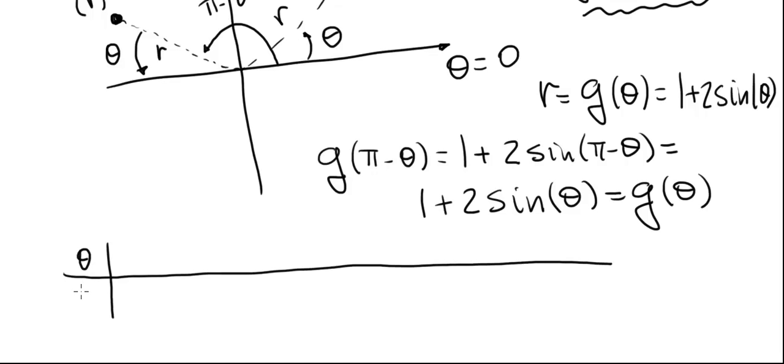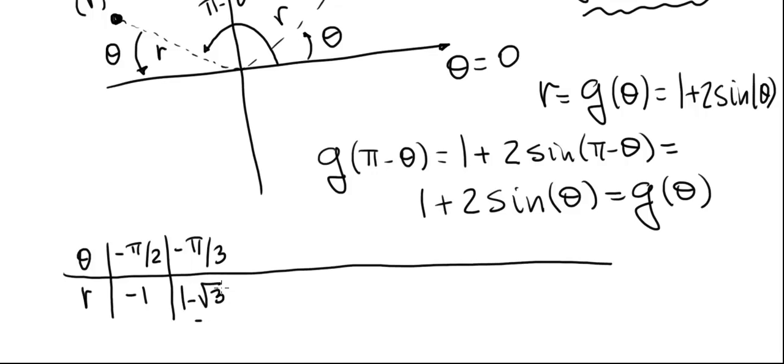So now let's plot some points. This is theta, this is r. We'll start in quadrant number 4 at theta equals minus pi over 2. Sine of minus pi over 2 is minus 1, times 2 would be minus 2. 1 plus minus 2 would be minus 1. At minus pi over 3, r is 1 minus square root of 3.